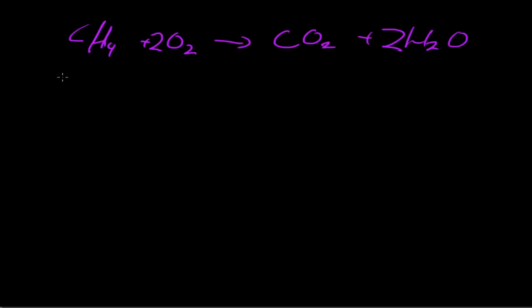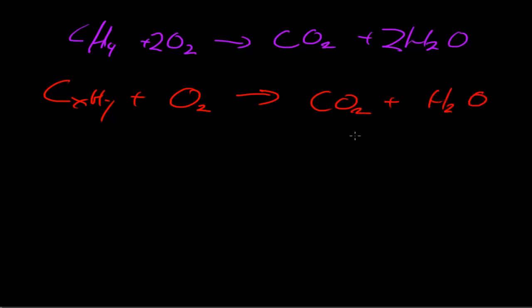A very general form of writing hydrocarbons would be CxHy plus O2 gives CO2 plus H2O. This is a very general way to recognize a complete combustion, because I am using up all my oxygen, getting carbon dioxide and water out of it. The x and y determine the amount of carbons and hydrogens involved.